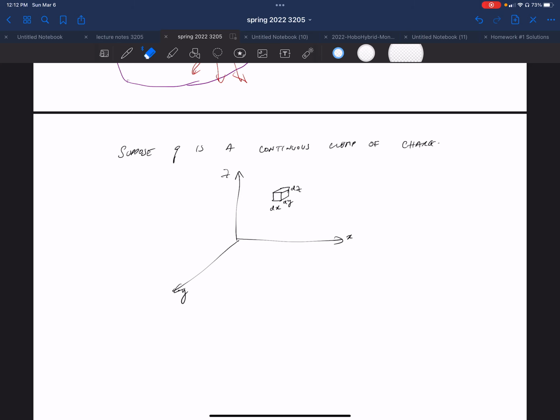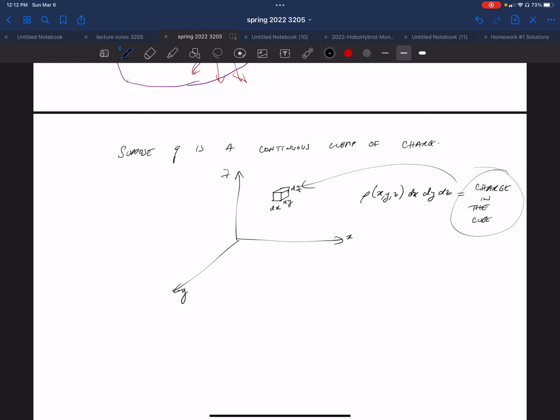And rho, the charge density, times dx dy dz is the charge in the cube, which is this guy.